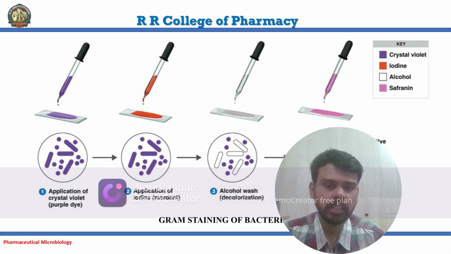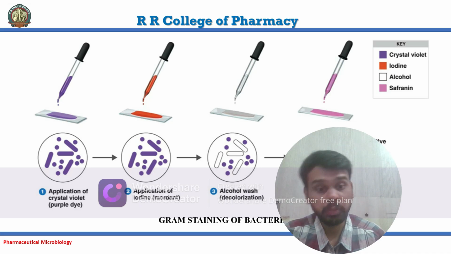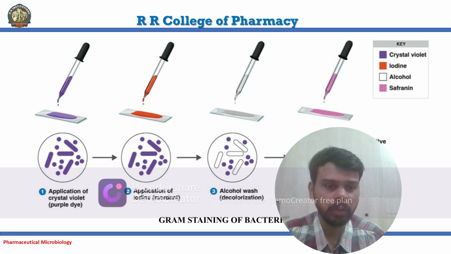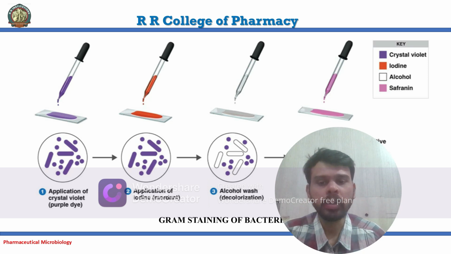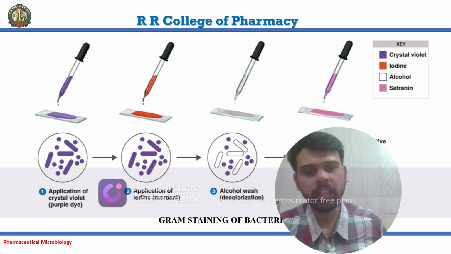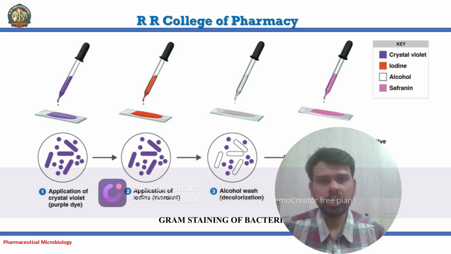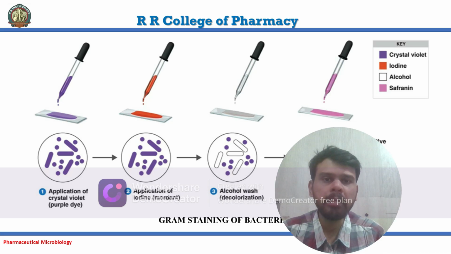So now let us understand the procedure first, then I'll explain the principle of Gram staining. In the first step, students, we need to take an unknown sample. The unknown sample means a nutrient broth that has been prepared previously. To that we can add any microbial sample, and we need to incubate it in the biological oxygen demand incubator for 24 hours.